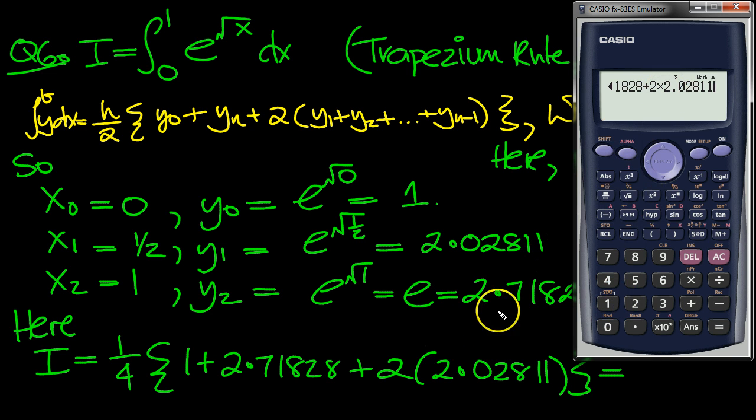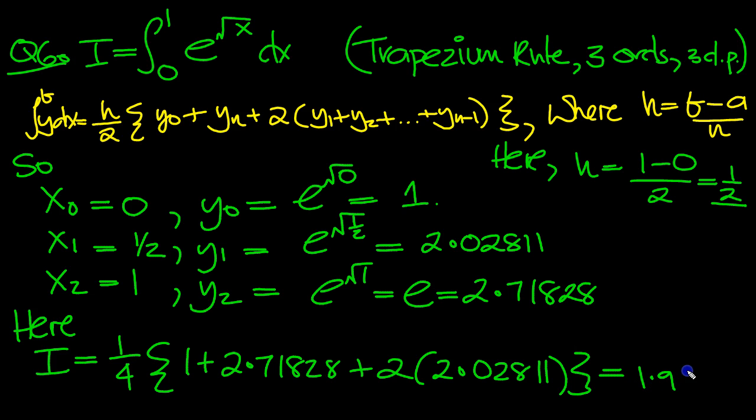We needed a bracket around that, but it's only one number, so I didn't put a bracket. Now close the bracket here, and then equals 1.94 to 3 dp, the 6 rounds the 3 up to a 4, so it's 1.944. There we go. And that was the 3 decimal places.